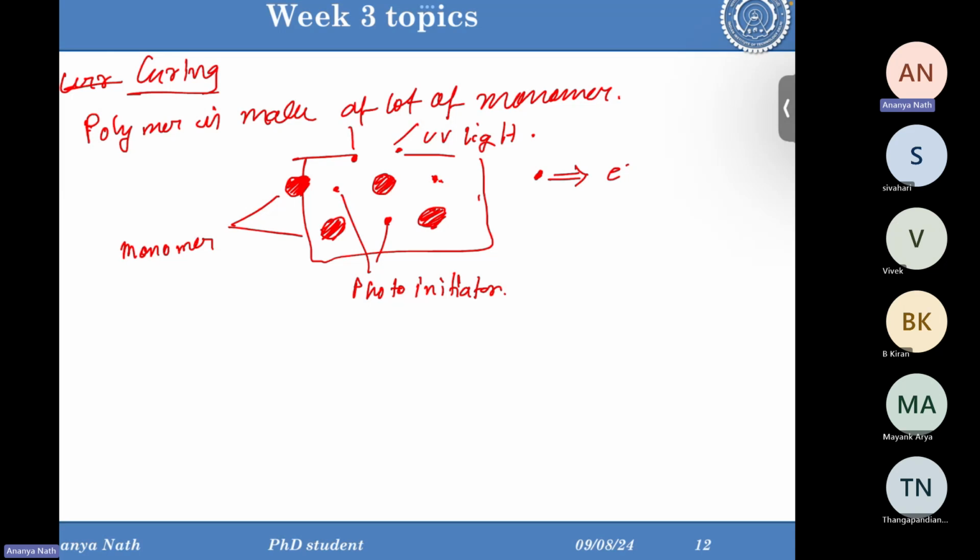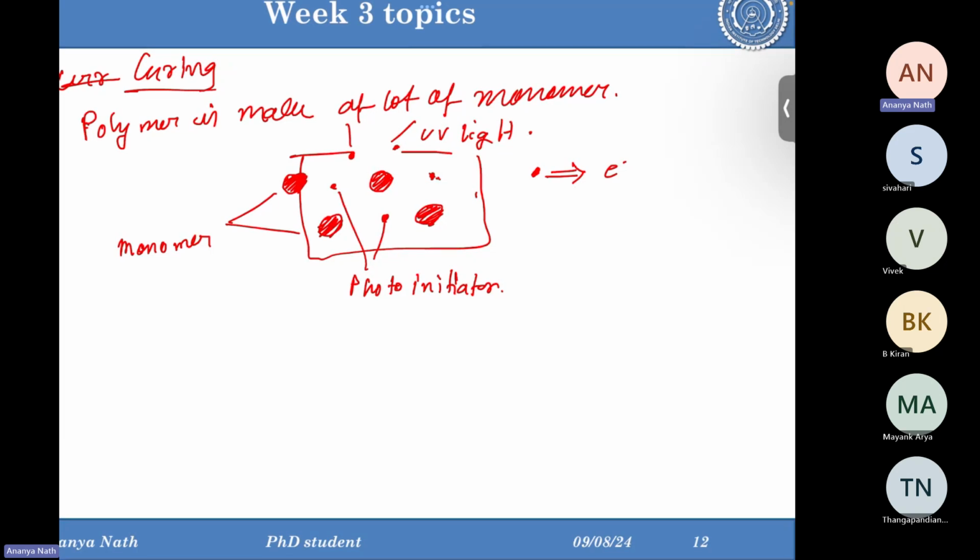Because of that they make long chains between monomers, and thus they get attached to each other, and then they make the whole bond of polymers. Okay, so this is the process physics of the curing process.